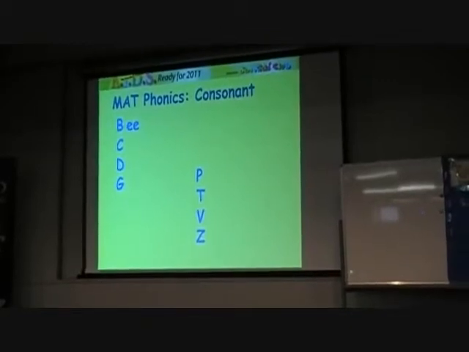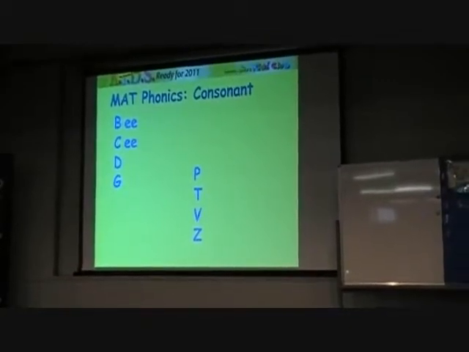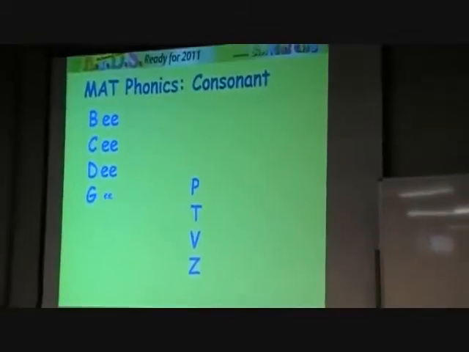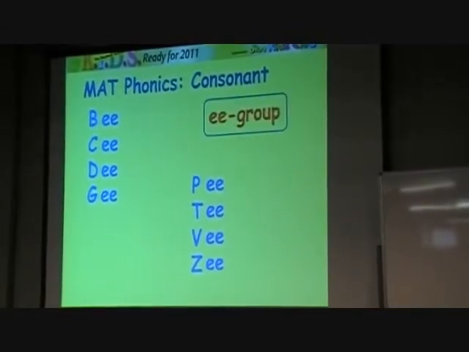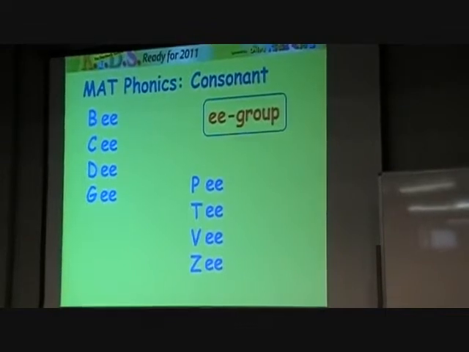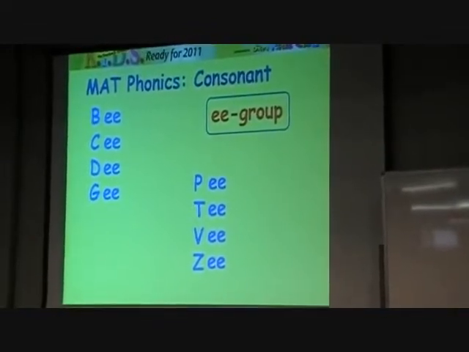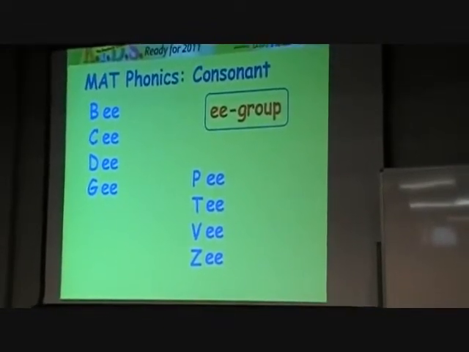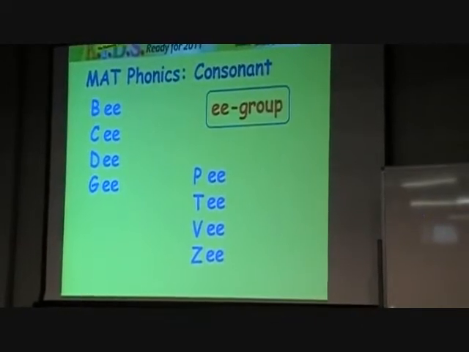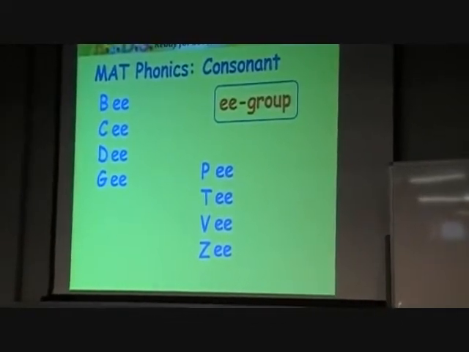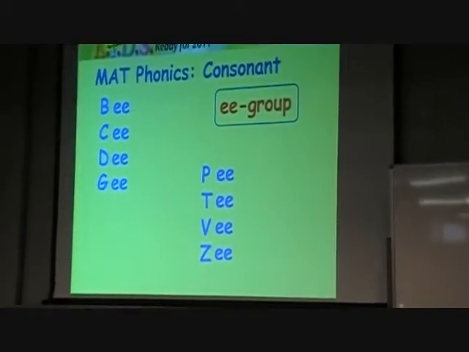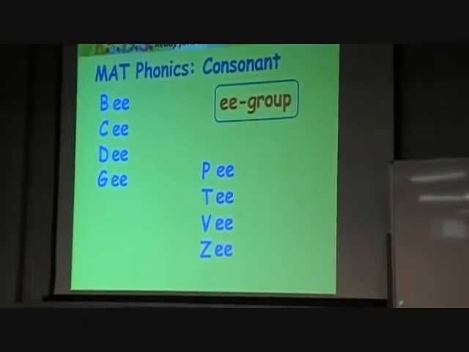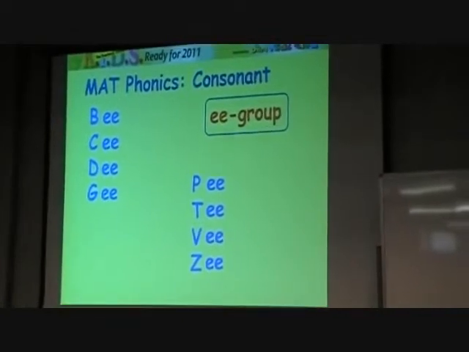B, C, D, G, P, T, Z. Can you hear the E sound? Yeah. How many of you can do subtraction? Can you subtract? Ha. This time we're going to subtract sounds. Okay, what's the common sound? E sound. Okay, so this is what we call the E group.